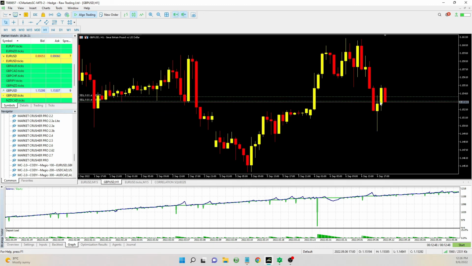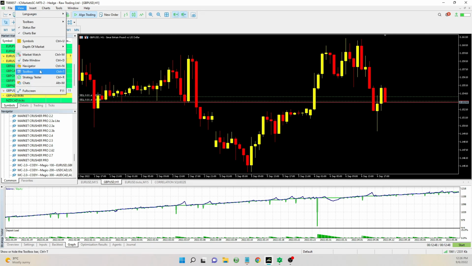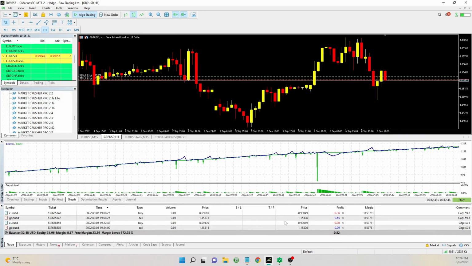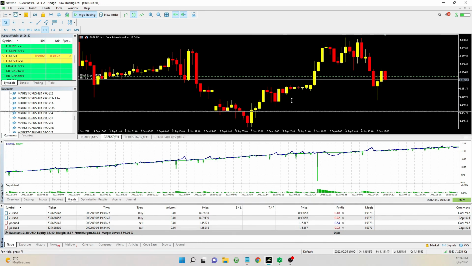Now the British pound is winning, so it's going to keep opening up on the winning side, right? Now let's take a look at the toolbox here. You'll notice here, if you sort it by symbol, the euro is losing and the British pound is winning, right? And this will work itself out and work itself into profit, just like you see here in the backtest.